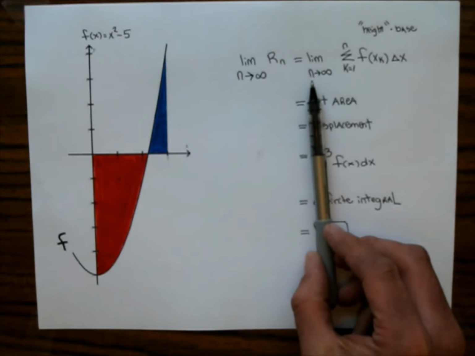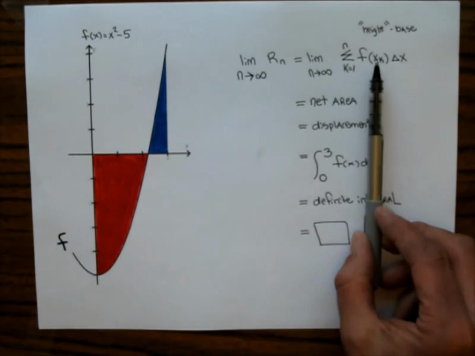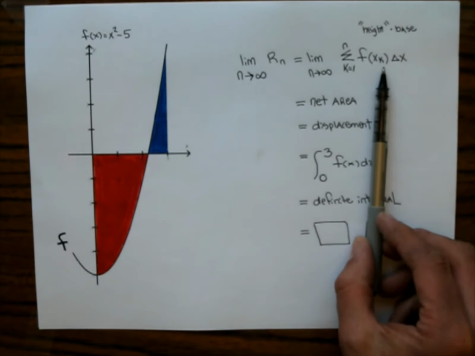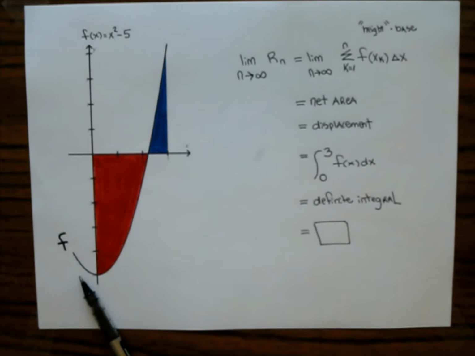That means you are making the number of rectangles go to infinity in this Riemann sum, which does height times the base. Then this is going to be exactly the net area, which, if this was a velocity graph, would give you the displacement over the time interval from 0 to 3. This is the net area from 0 to 3.